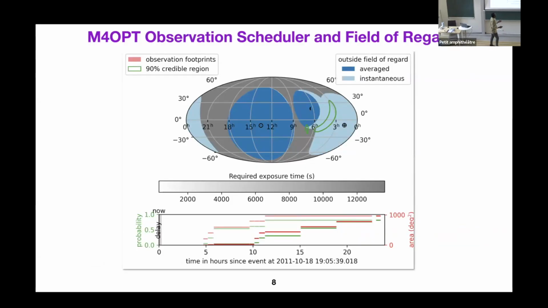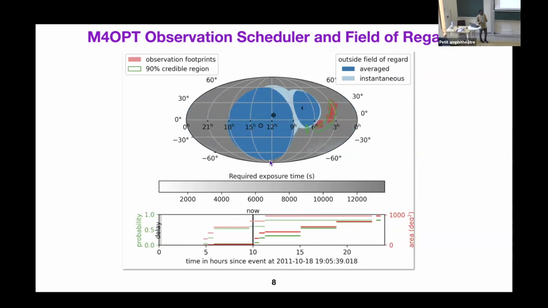Okay, let's talk about what really happened in M4. What happened is we have our scheduler and we release a detection.